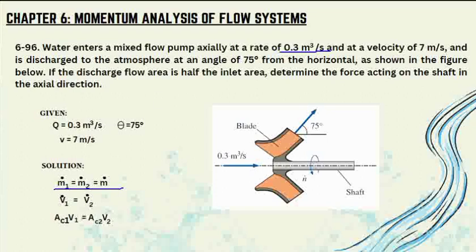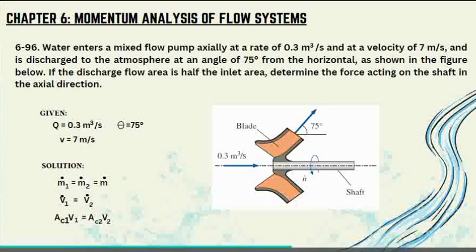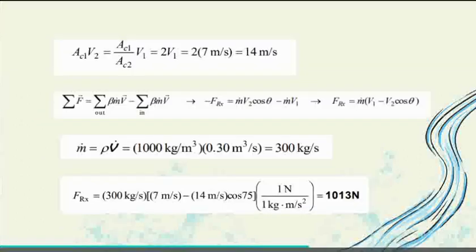That is, V2 is equal to A1 divided by A2 times V1, which is 2 times V1. Substituting the values given, we have 2 times 7 meter per second, and we get 14 meter per second.